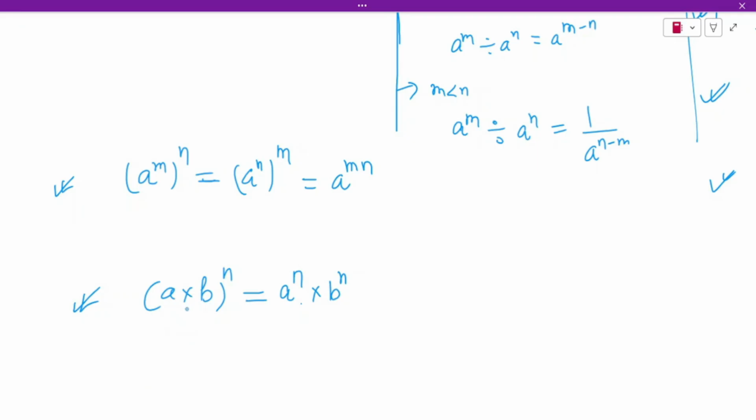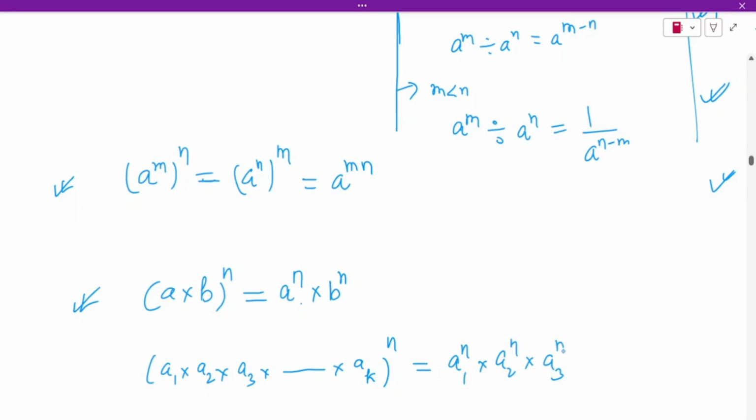Let's say this is a1, a2, and a3. Likewise, we have k numbers in multiplication with the power n. That power goes to each and every number in the base, which is nothing but a1 to the power of n times a2 to the power of n times a3 to the power of n, and likewise up to ak to the power n.